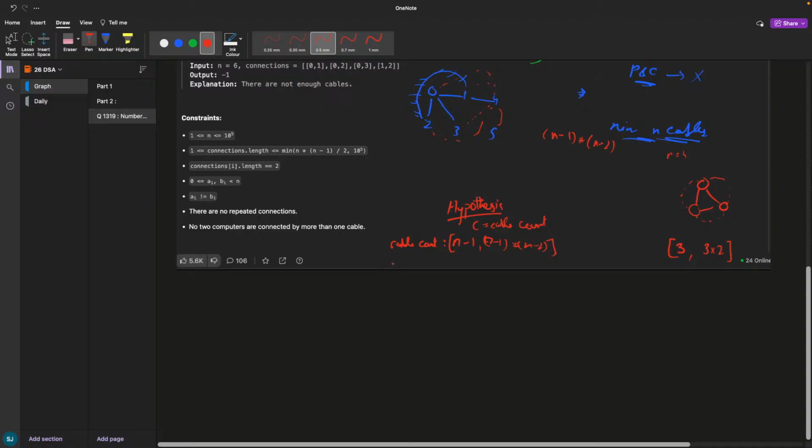Now let's see. So one condition, so the base condition is if c is less than n minus 1, return minus 1, right? Now let's assume we get disconnected components, right?